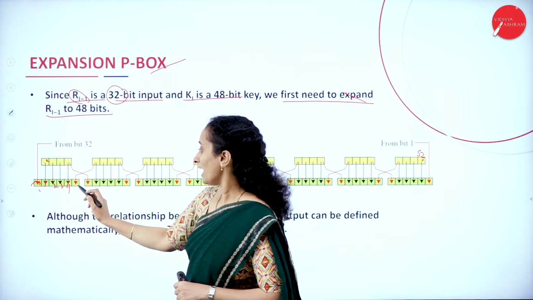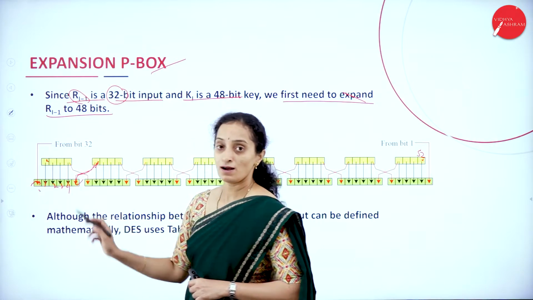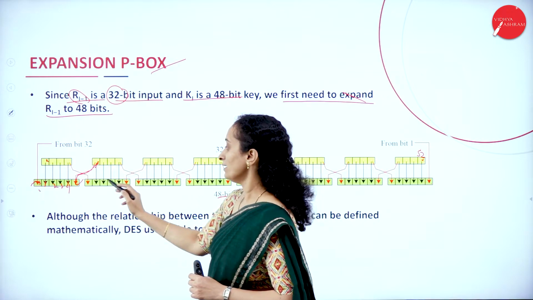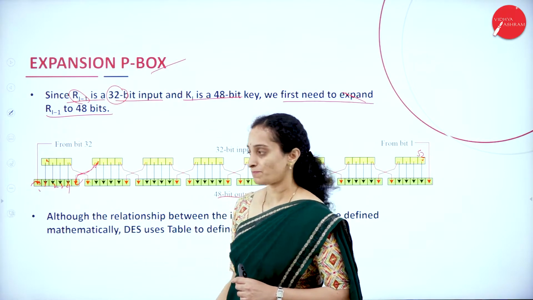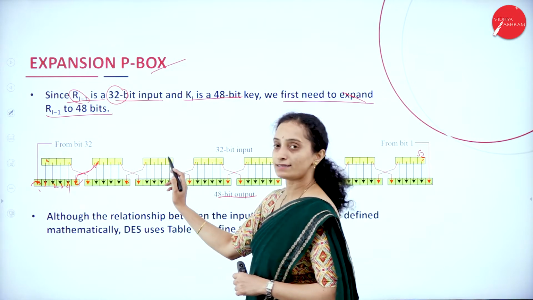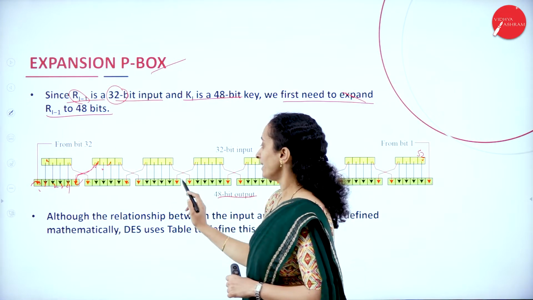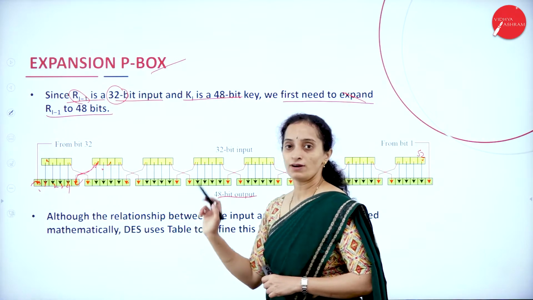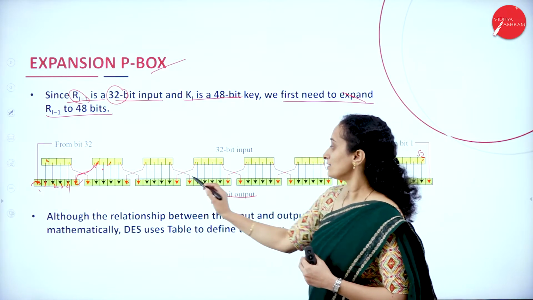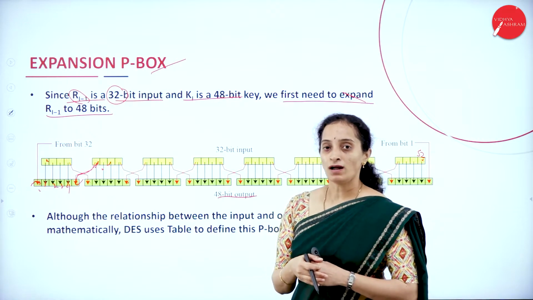Next, we have the sixth bit. The sixth bit takes the input from the first bit of the next block. Again the same thing: the first bit from the previous block and the last bit from the next block. Again in the third block, the first bit is from the fourth bit of the previous block and the sixth bit from the first bit of the next block, like we use a linked list in data structures. In a linked list, we use the last and first elements to link them.